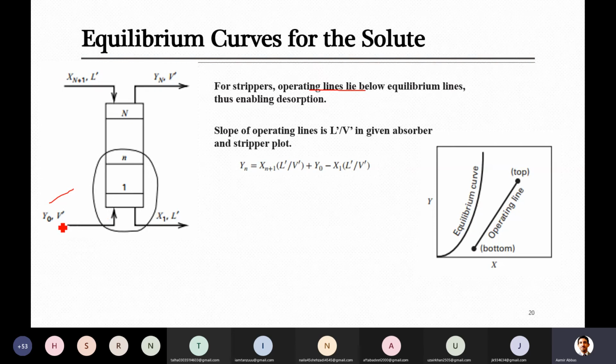We consider that ideally it should not contain any solute, or it can contain a very small, negligible amount. Then it will start stripping the solute from the liquid, and they will start coming close to each other. The system will try to reach equilibrium at each plate. And also for this, the slope of the operating line is L prime over V prime.